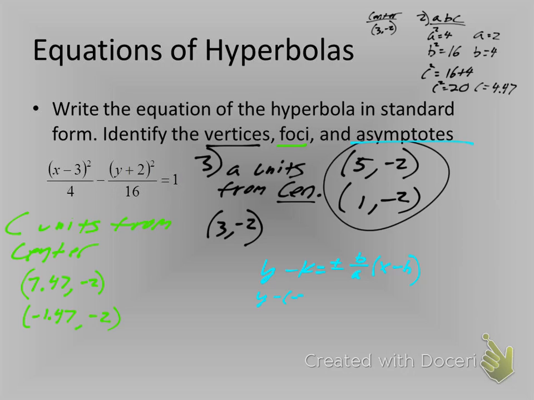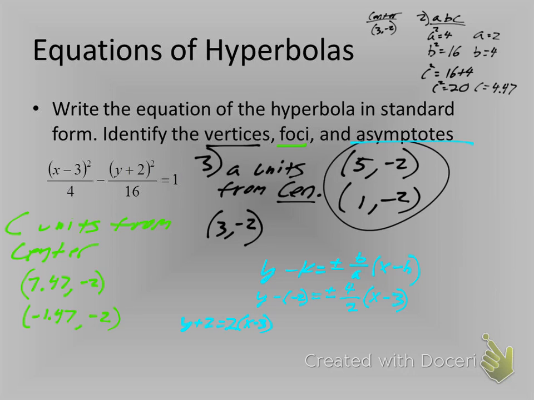So y minus -2 equals, keep it plus or minus for now, b is 4, a is 2, times x minus 3. Split it off now. Do the one plus and the one minus. So y plus 2 equals 4 over 2, that's 2, times x minus 3.